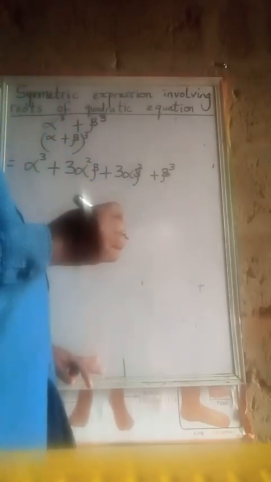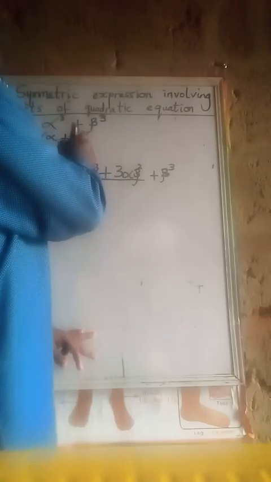Now, how can we arrive at alpha cube plus beta cube from here? So that means you are going to subtract 3 alpha square beta plus 3 alpha beta square from this expression.